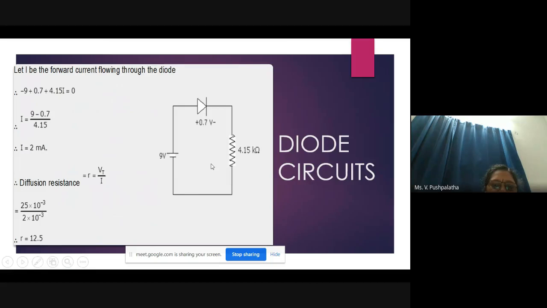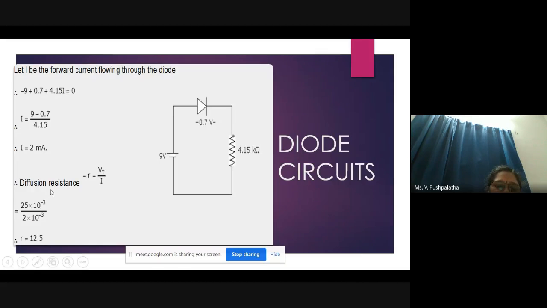So writing Kirchhoff's voltage law: minus 9 plus 0.7 plus 4.15 into I equals 0. Now finding the I value, I is 2 milliamps.